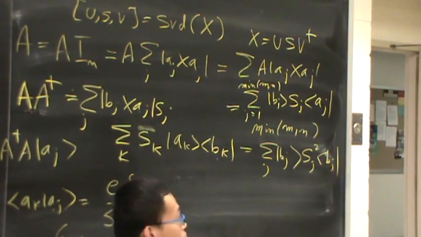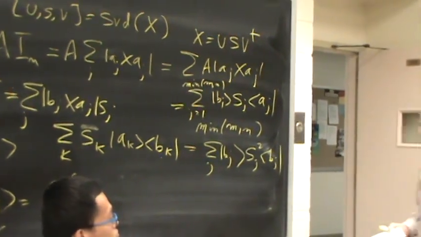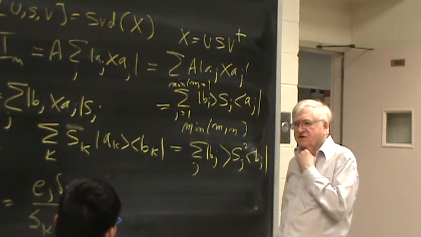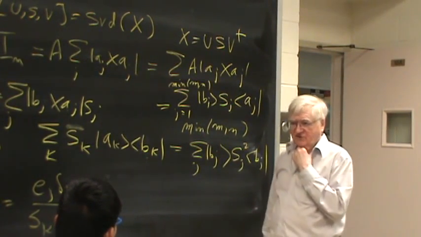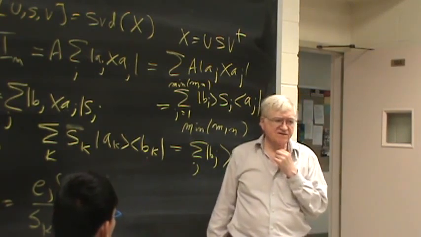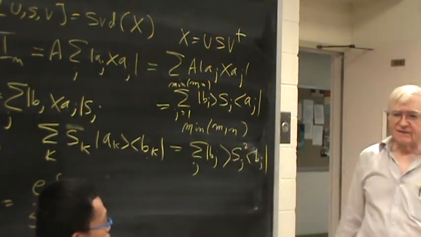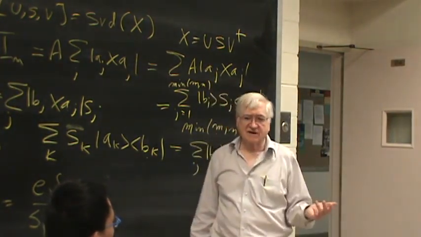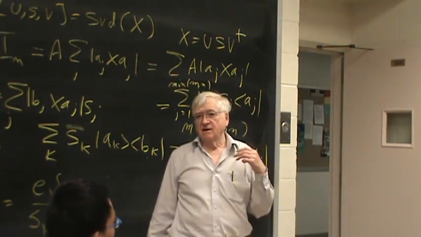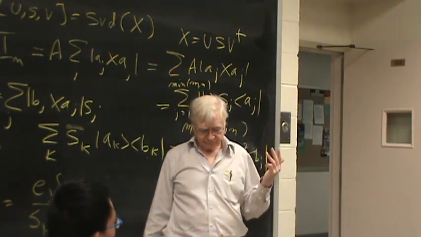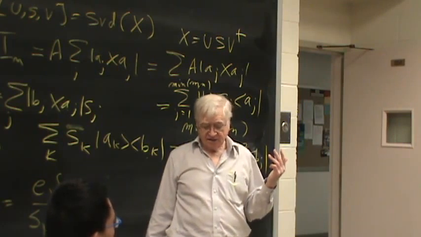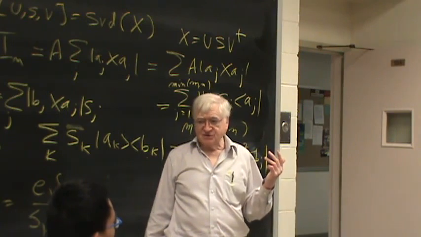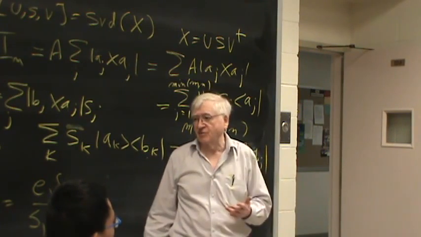It turns out that the singular value decomposition allows one to define what's called the Moore-Penrose pseudo-inverse. Suppose you have a rectangular matrix, and a rectangular matrix is not going to have an inverse unless it's square, but you might say, well, I want something that is as close to being the inverse as possible.